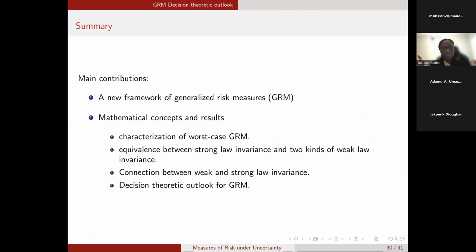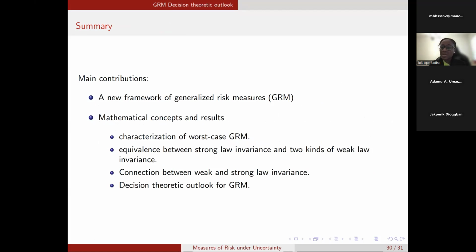So in summary, what we did is that we introduced a new framework for risk measures, whereby a risk measure can be defined jointly on the set of random losses and the set of probability measures. And we call that risk measure a generalized risk measure.